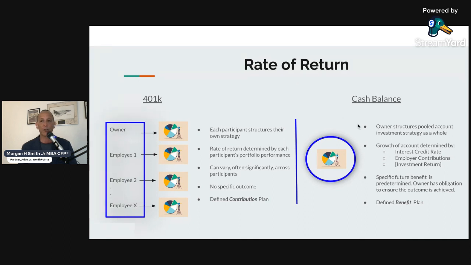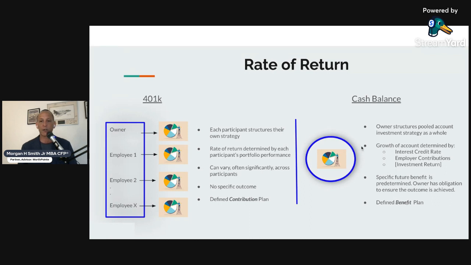The owner is going to structure a pooled account with an investment strategy for the pooled account as a whole. So you've got to come up with an investment strategy that is very different from a 401k plan. And we'll talk about this a little more, but you really want to look at reducing the annual volatility in a cash balance plan.